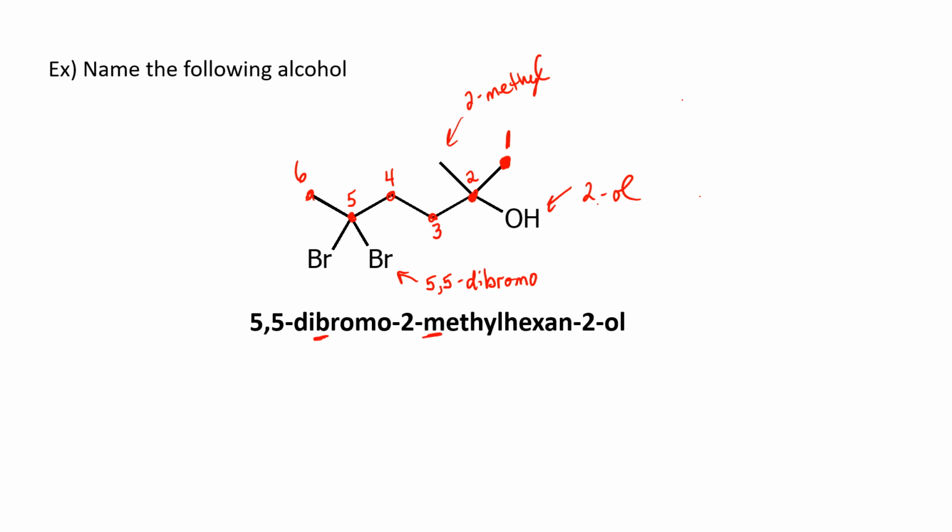B comes before M, so it's my 5,5-dibromo, 2-methyl, hexane-2-ol. You could have said 5,5-dibromo, 2-methyl, 2-hexanol. That would also have been appropriate. But I prefer to put the locant with the OL at the end, the locant with the suffix.